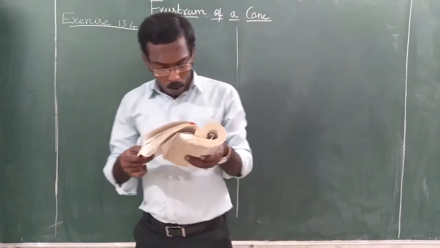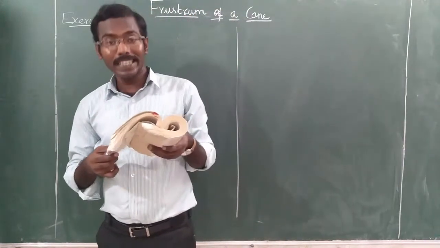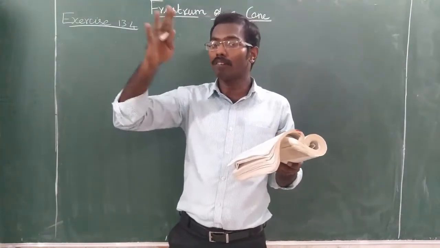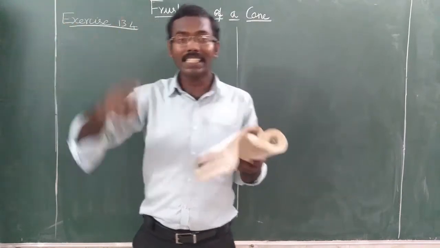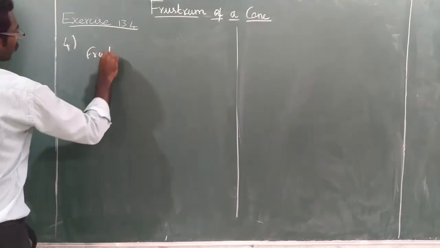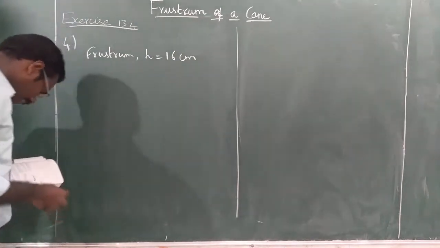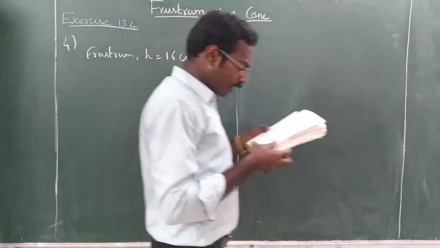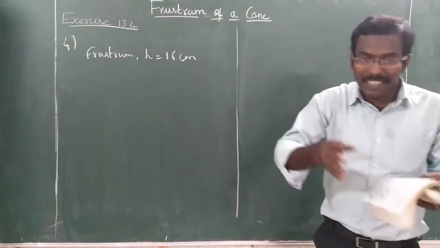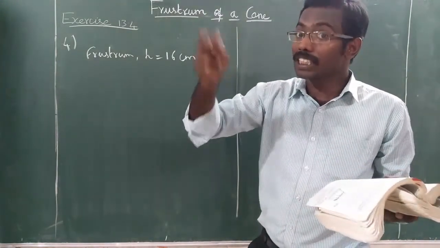A container open at the top and made of a metal sheet is in the form of a frustum of a cone of height 16 centimeters, with the radii of its lower and upper ends as 8 centimeters and 20 centimeters respectively. One is 8 centimeters, another one is 20 centimeters.